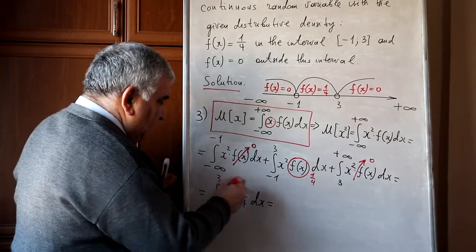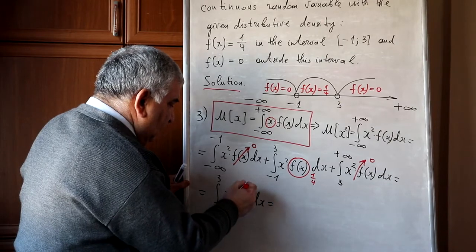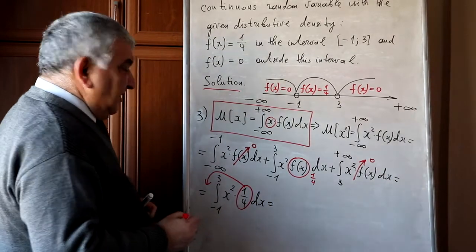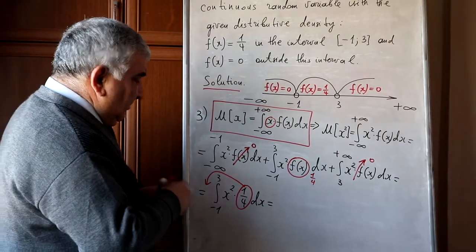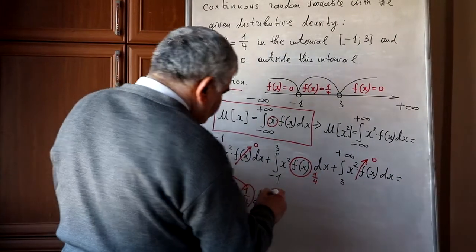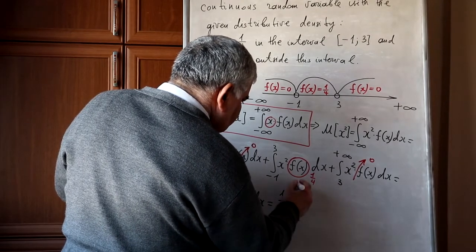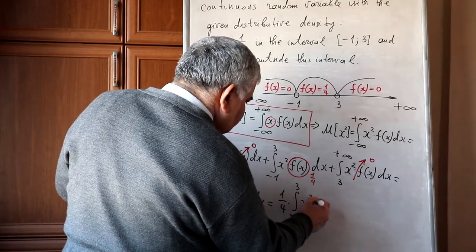Here 1/4 is a constant factor which can be taken out of the integral symbol. Then 1/4 followed by integral from -1 to 3 of x squared dx.